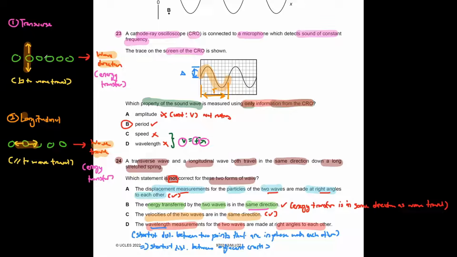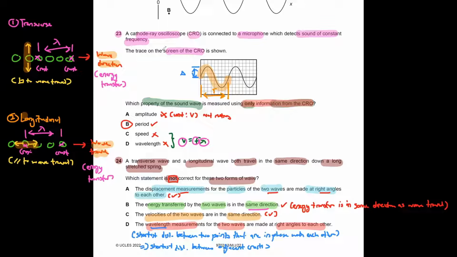So in my case, I could say that these 2 points here are my crests. So this one is my wavelength. Similarly, I can also say that these 2 points are my crests. So this one is also my wavelength.